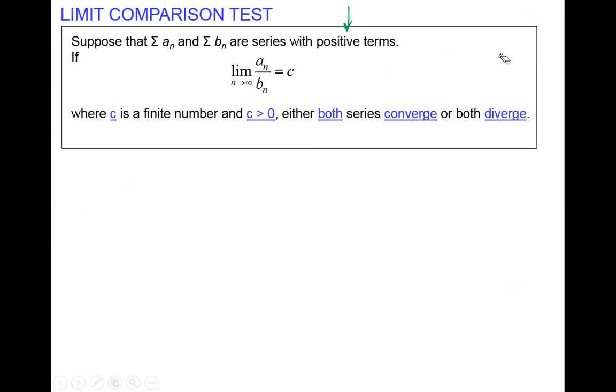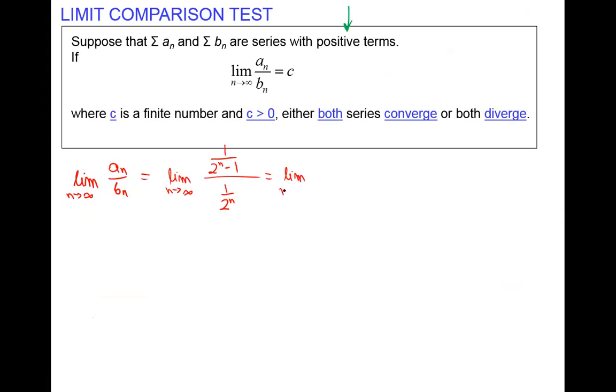Let me put a sub n over b sub n. a sub n is my original one, 1 over 2 to the n minus 1, and b sub n was this one.